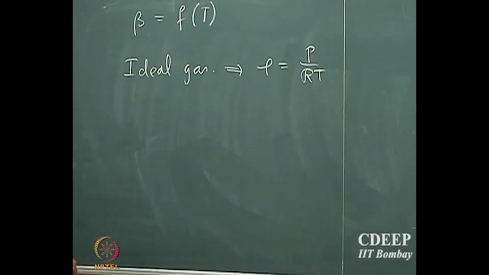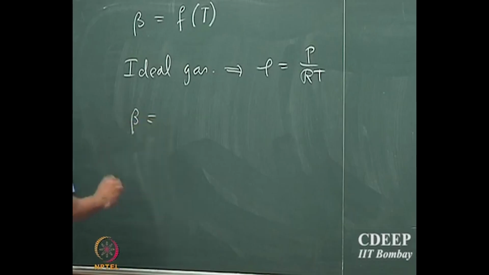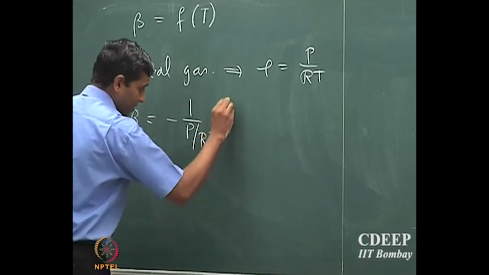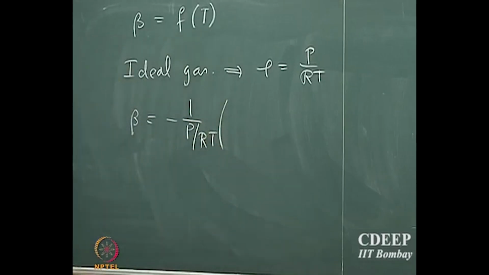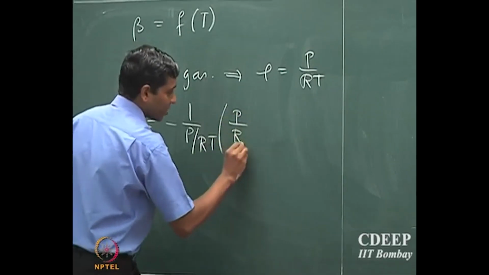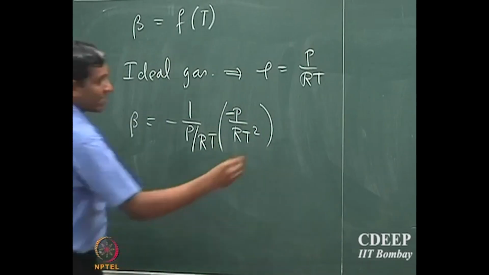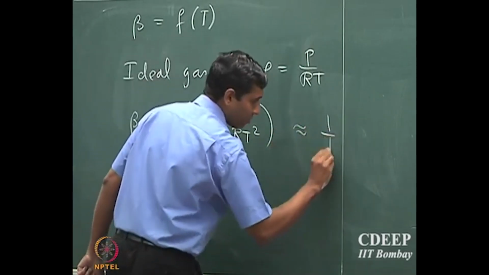So now from here we can write that beta is minus 1 by (P by RT) into d rho by dT at constant pressure. So that will be P by RT squared with a minus sign, which really scales as sort of 1 over temperature.